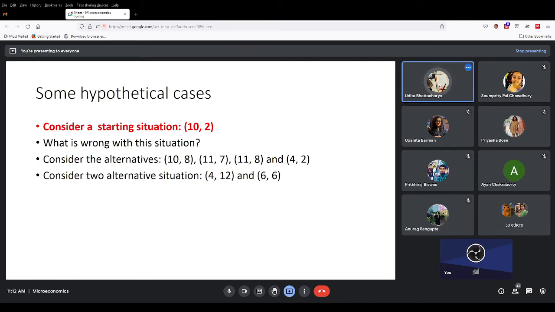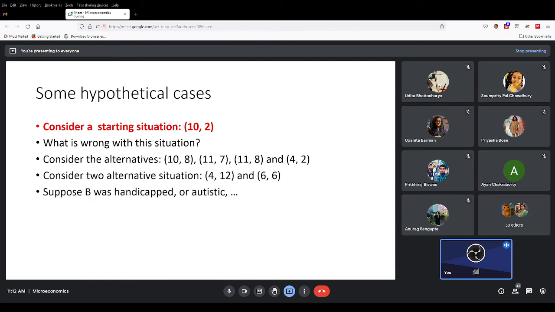The one who was previously better off is now worse off, and the one who was previously worse off is now better off. In the earlier case, you were keeping one person the same and improving the other, or improving both. Here it's some sort of a zero sum game, right? One person is gaining, the other person is losing.